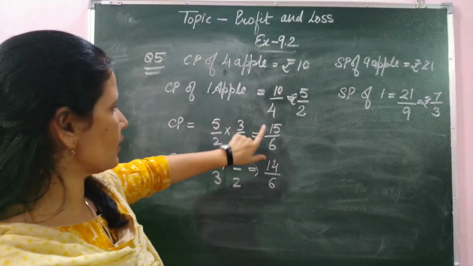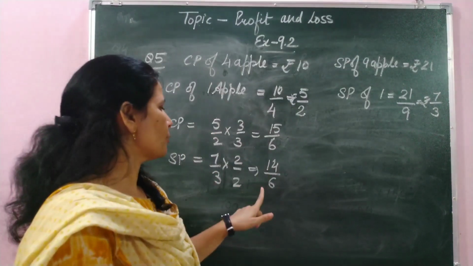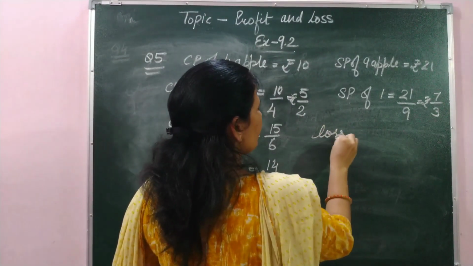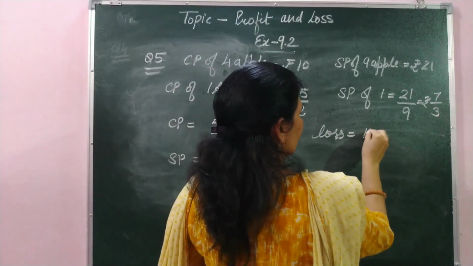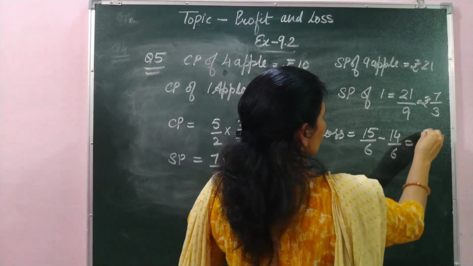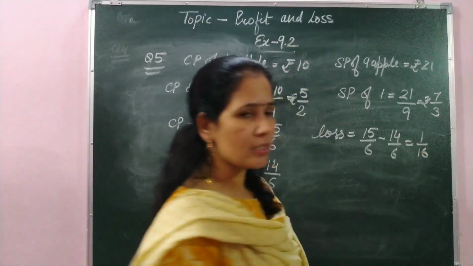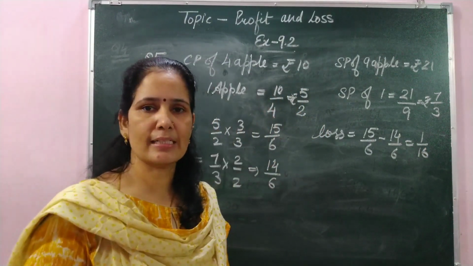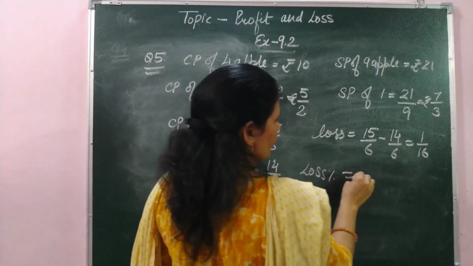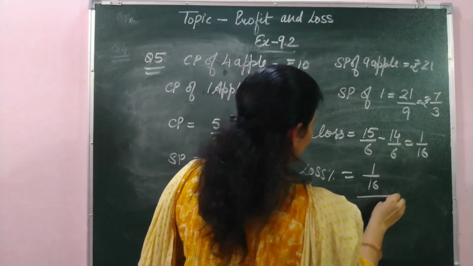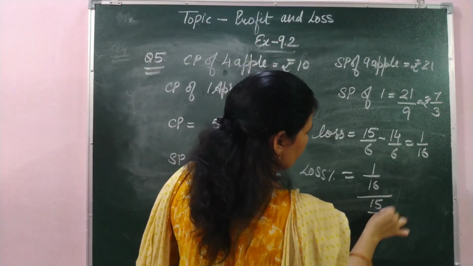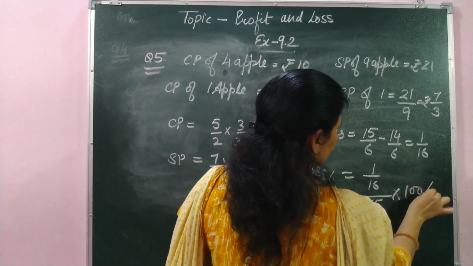So students, here we observe that the cost price is more than the selling price, so the fruit seller has a loss. How much? 15 by 6 minus 14 by 6. The loss is 1 by 6 rupees. To find the loss percentage, loss amount divided by cost amount, that is 15 by 6, and multiply by 100%.